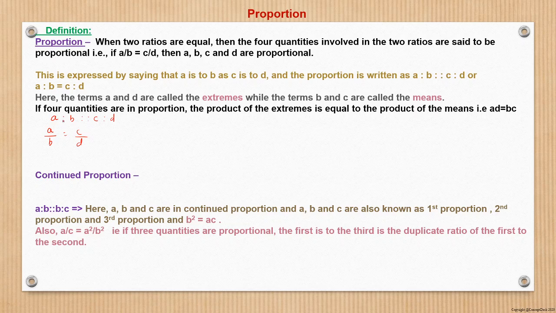Here, the general notation is A is to B is proportional to C is to D. So here A, B, C, D are the terms of the proportion. A is called the first term. B is known as the second term.